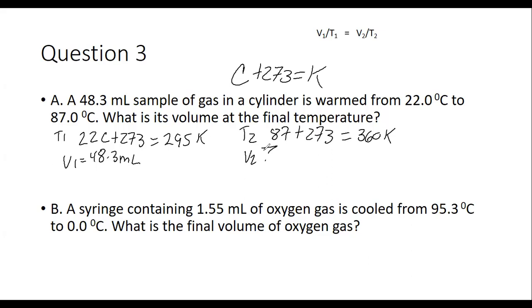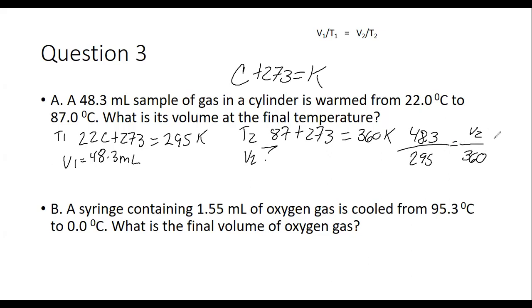So we set up this equation where we have 48.3 divided by 295 equals my second volume divided by 360.